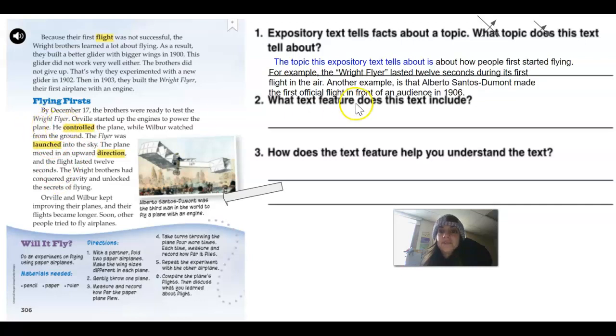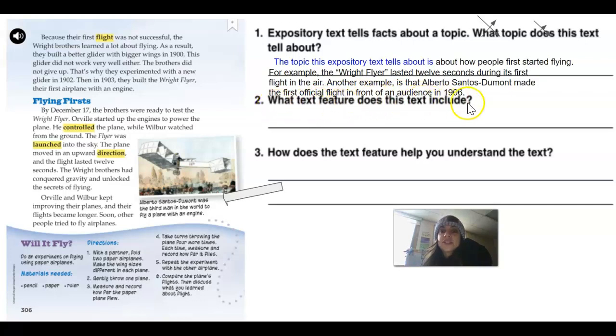The Wright Flyer lasted 12 seconds during its first flight in the air. Another example, this phrase also tells that I'm going to support my answer with another piece of text evidence, is that Alberto Santos Dumont made the first official flight in front of an audience in 1906.